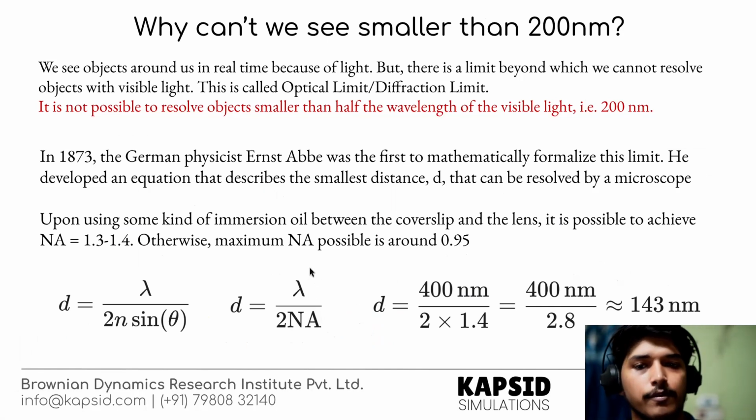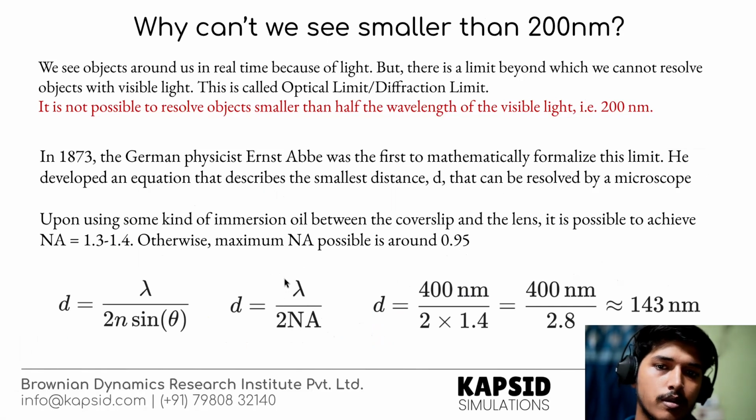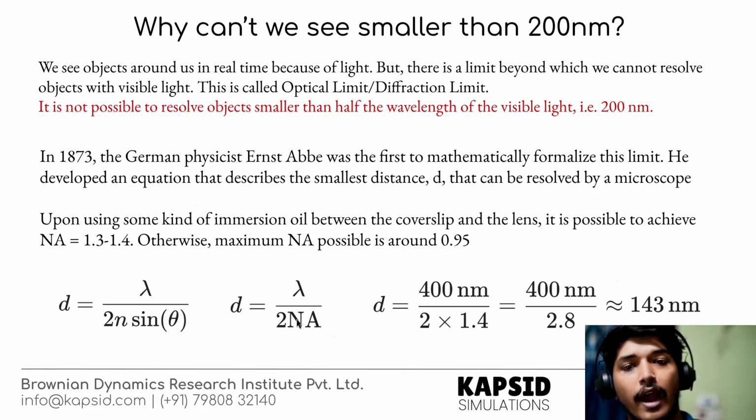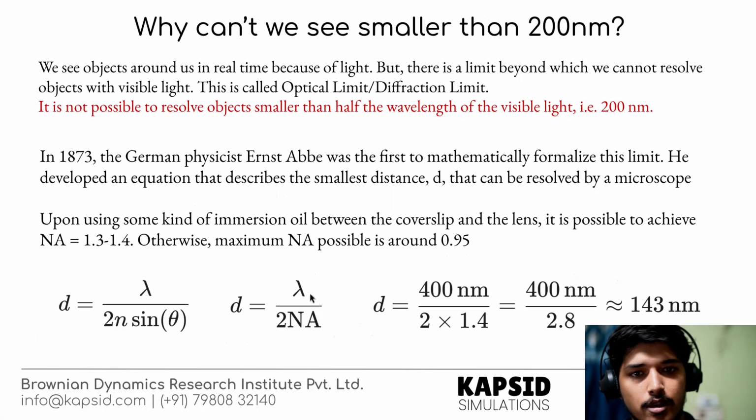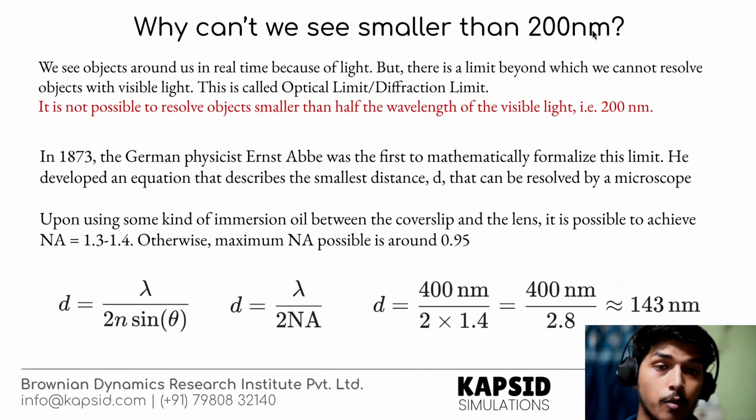So let's say we are using visible light having a wavelength of 400 nanometers, and if we use an ideal lens, then it's basically 400 divided by 2 times 1, which is 200 nanometers. So that's what I have quoted here, why we can't see things smaller than 200.